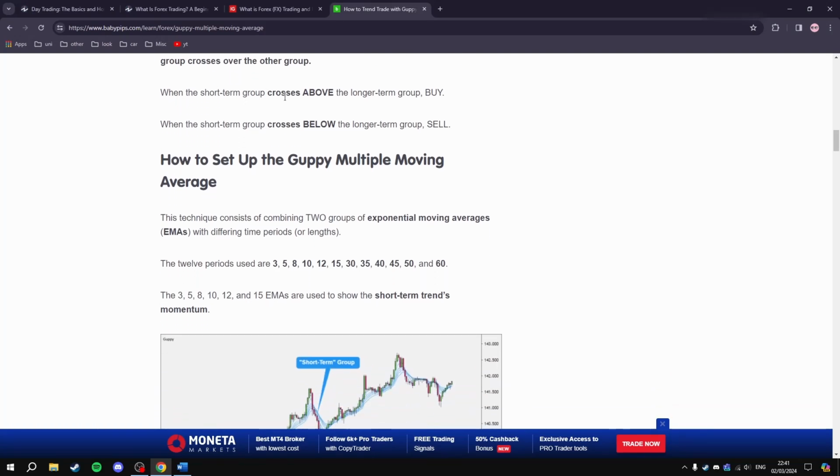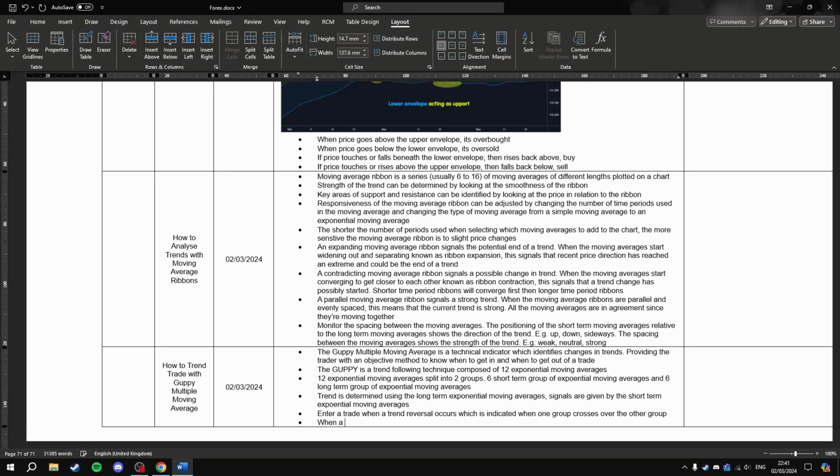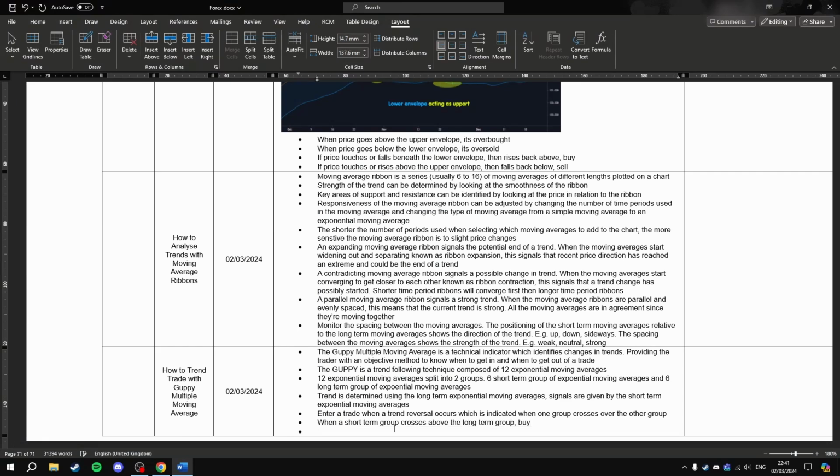When a short-term group crosses above the long-term group, buy.